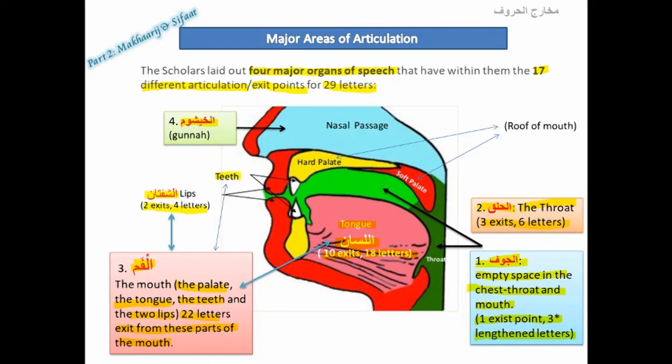We need the tongue, al-lisan, to touch certain parts of the teeth. Sometimes it will be the front incisors, sometimes the molars or the canines. The tongue will touch specific parts of the teeth to pronounce certain letters. So obviously we need the teeth.